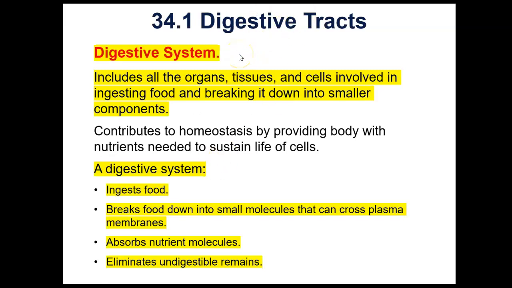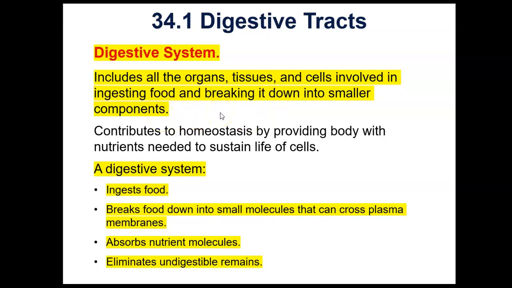So in section 34.1, the digestive system is defined as including all the organs, tissues, and cells involved in ingesting food and breaking it down into smaller components.